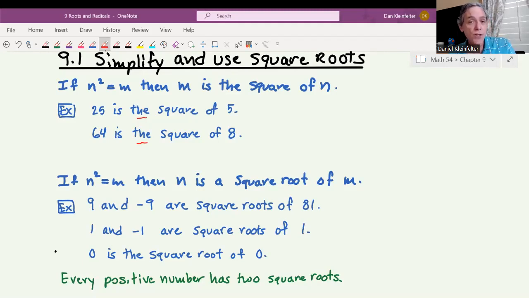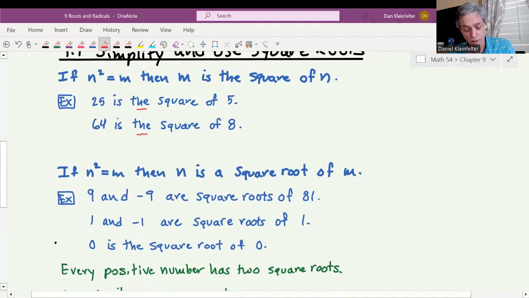However, each number has 2 square roots, which is why we have the indefinite article here. 9 is a square root of 81. Negative 9 is a square root of 81. Here, for 0, I wrote 0 is the square root of 0. 0 is the one number that has only one square root, and it's just 0 itself.